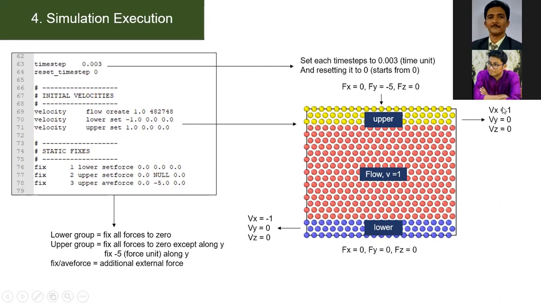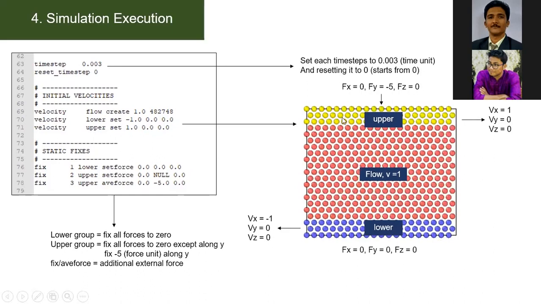And the upper is the same. So 1, 0, 0 for x, y, z. Vx is 1, so this will move that side. So I've already provided initial velocities for the upper and lower regions, and then the static fixes. I already told you the upper layer and the lower layer are rigid layers.